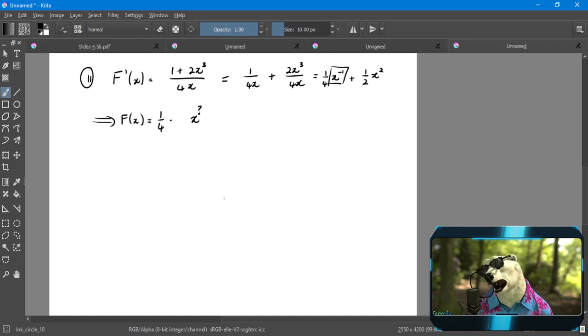If my derivative properties are solid, I would realize that this is the exception. 1 over x is the exception. It doesn't come from a power of x by way of the power rule. It comes from the natural log of x, because the derivative of the natural log of x is 1 over x. It is the one exception.